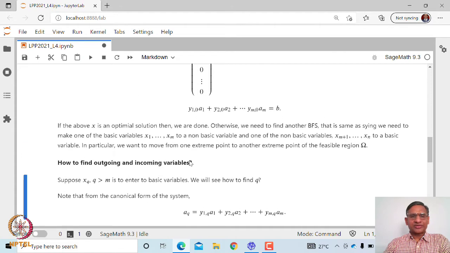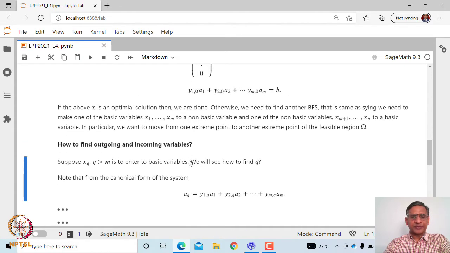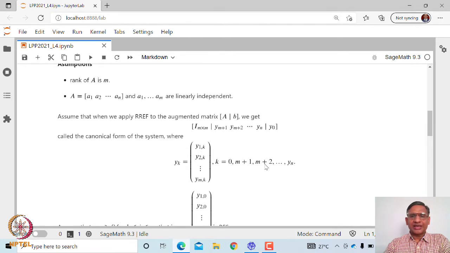So how do we do this? Suppose for some reason or using some method you have found out that the qth variable, that is xq, where q is strictly bigger than m, is going to enter as a basic variable. Now if you look at the column corresponding to xq, that is aq, aq can be written as a linear combination of the first m columns and the coefficients are going to come from yq.